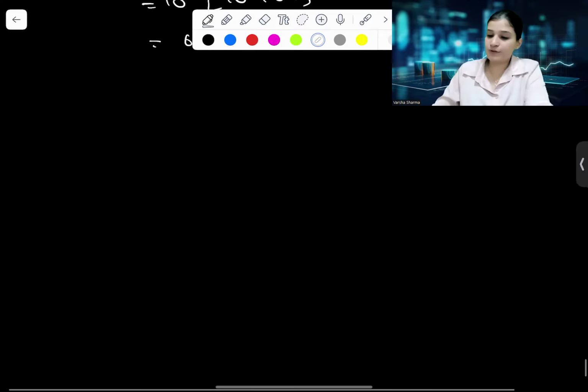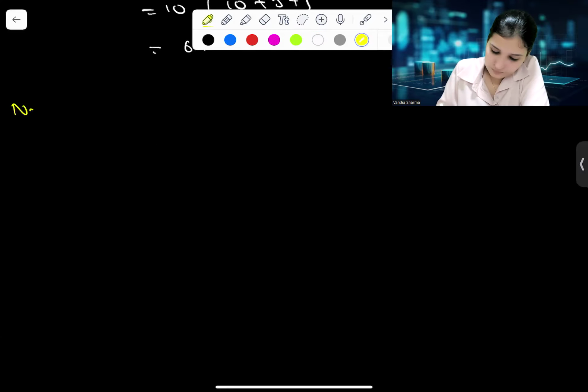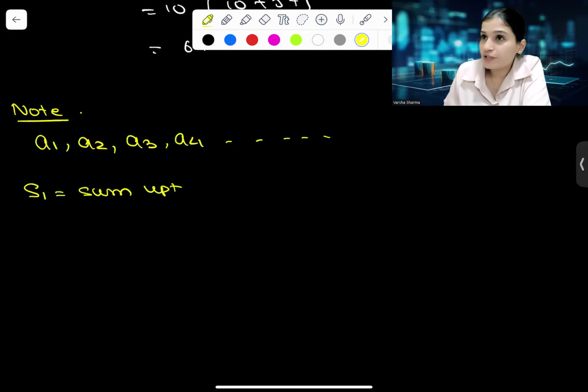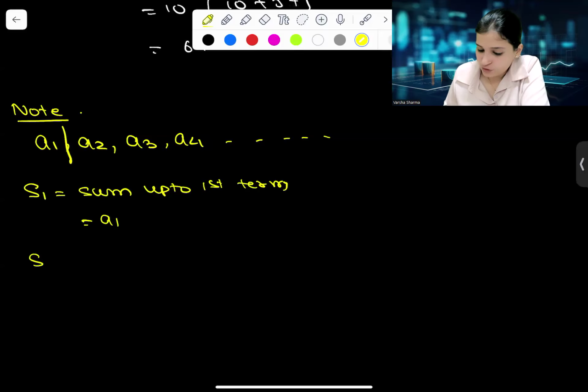Now, note. Suppose I have the sequence A1, A2, A3, A4, and so on. I want S1. S1 is the sum up to the first term, which is the same as A1. S2 will be A1 plus A2.